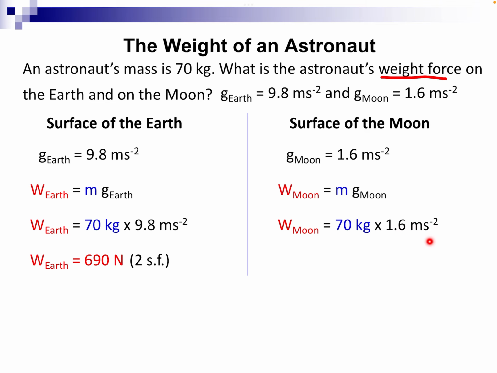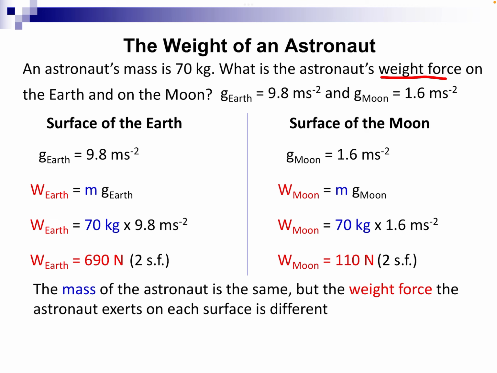Gravitational acceleration will be smaller, and therefore the weight force experienced by the astronaut on the Moon will be smaller compared to what he or she experiences on the surface of the Earth. So this example illustrates what I have been emphasizing, that the mass is always the same regardless of where the object is, but the weight force changes depending on position, because the gravitational acceleration could change for different locations.